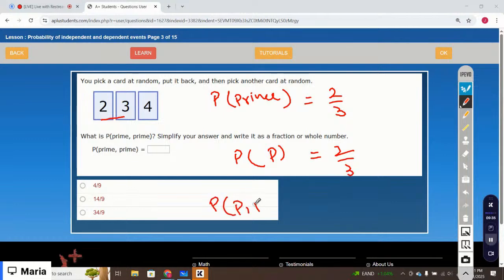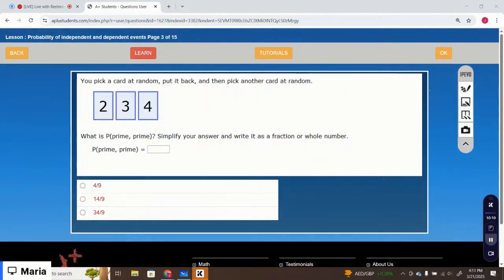They are independent events. 2 by 3 times 2 by 3 equals 4 over 9. So option number 1 is the correct option, that is 4 over 9.